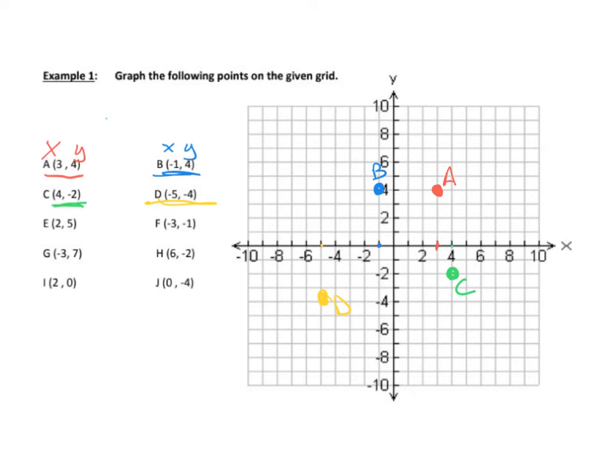Just a little reminder here when we look at some of those ones with zeros. Anything that would end up on your x-axis, points on there, what that's going to mean is you're going to have some number telling you going left and right, but that's going to make your y value 0, because if you trace that back to your y-axis, that goes back to a y of 0. Likewise, if you're going to find anything up and down your y-axis, this is where you're looking left and right, and your x is 0, but then your y value is going to be some number, whether it's positive or negative.